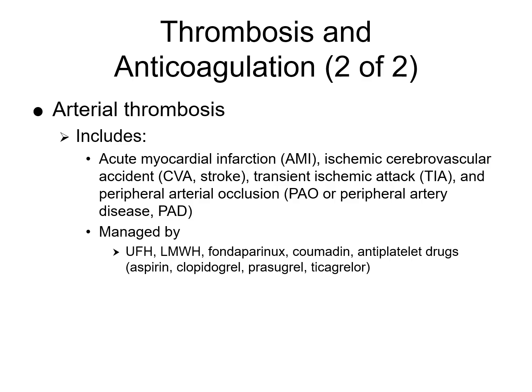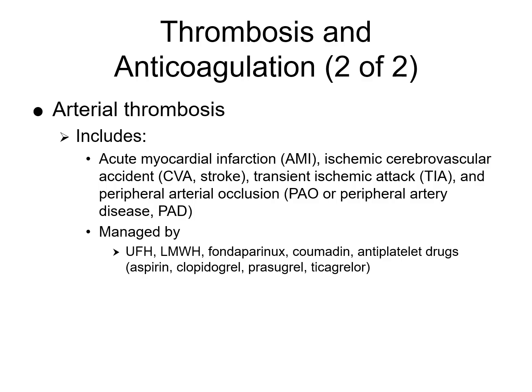Then we have peripheral arterial occlusion or peripheral artery disease. This is where there is an obstruction of arteries supplying limbs, causing pain, ischemia, and potential tissue loss. For management of arterial thrombosis, they can give anticoagulants such as unfractionated heparin, low molecular weight heparin, and warfarin. They can also give some antiplatelet drugs such as aspirin.